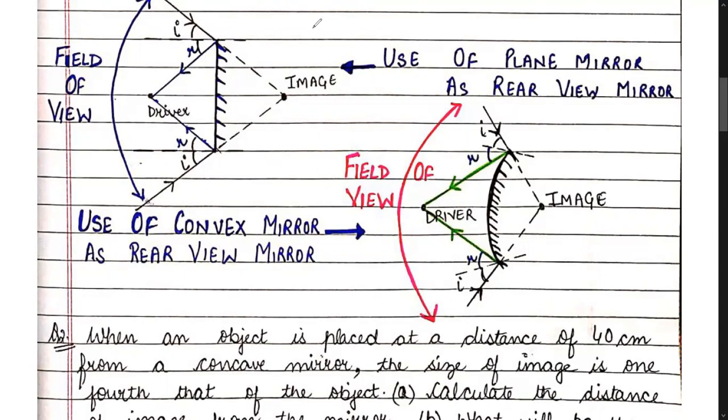So, and children, remember the normal and the rays which have to be made behind the mirror has to be shown dotted. Now children, if you see the field of view, see what is field of view? It is the distance between the first incident and the last incident ray.